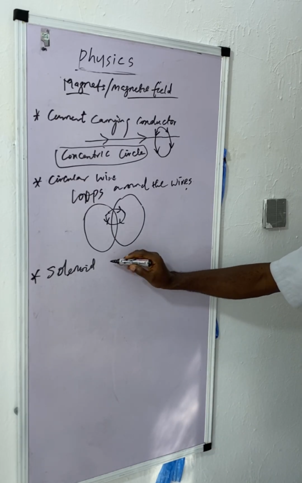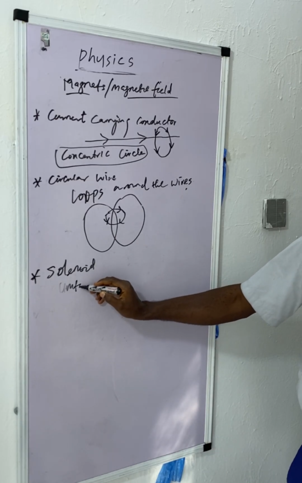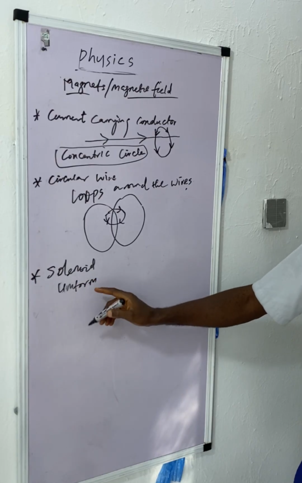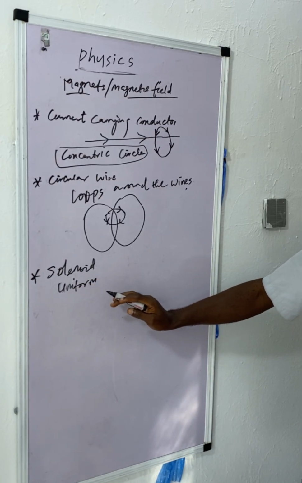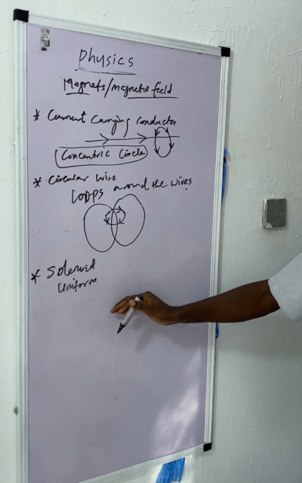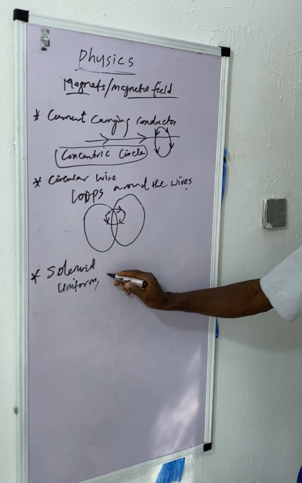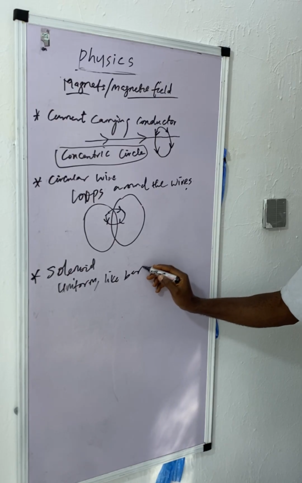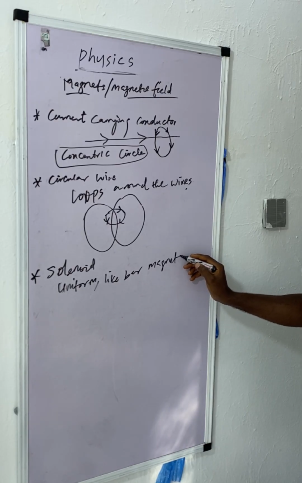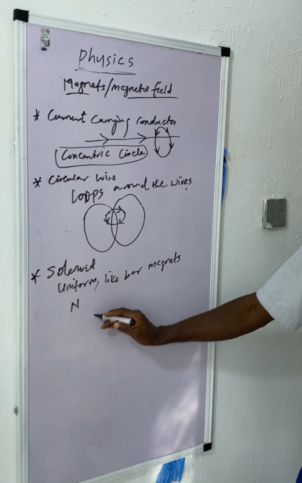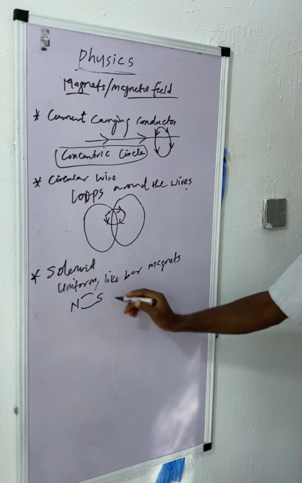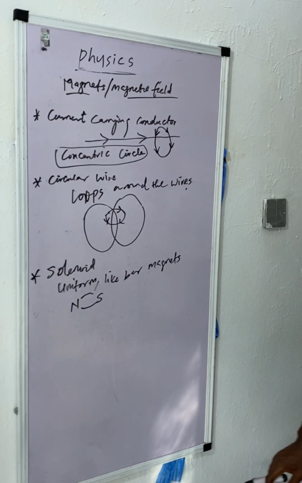It's usually uniform. It has its own style. It resembles, not that of the earth, but that of the bar magnet. One pole forms the north, the other forms the south.